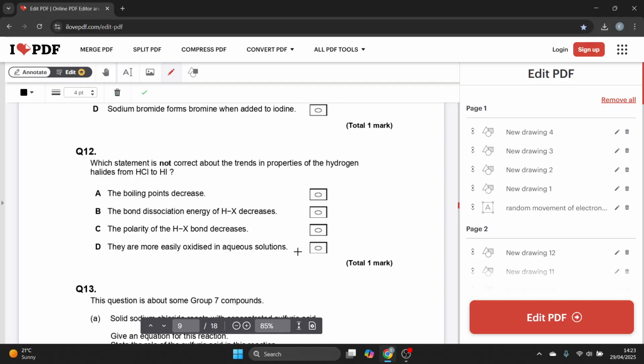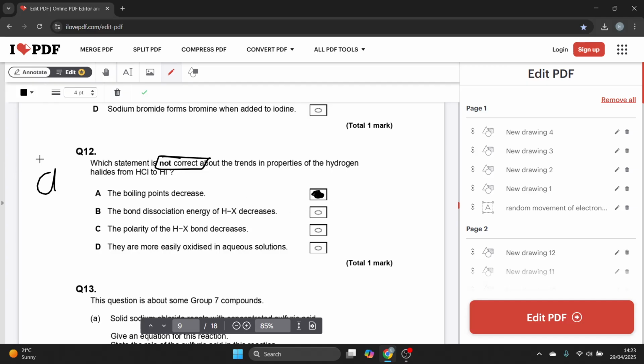Which statement is not correct about the trends in properties of the hydrogen halides from HCl to HI? The boiling point decreases, the bond dissociation energy of HX decreases, the polarity of the HX bond decreases, they are more easily oxidized in aqueous solutions. Which one is not correct? A, the boiling points decrease.